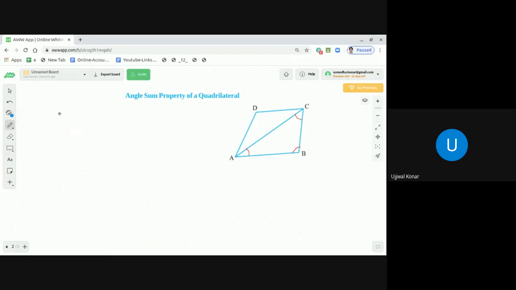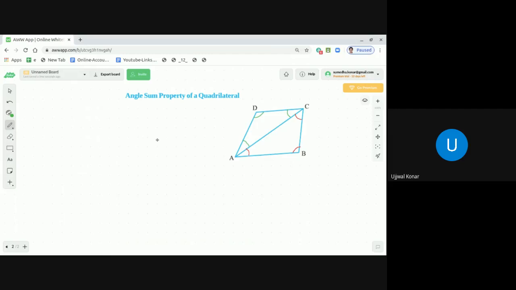Now if I take a different color, suppose a green color, then this angle plus this angle plus this angle is 180, because we know that from the angle sum property of a triangle. Now you add up all this, then what we get? The angle sum of a quadrilateral is 180 plus 180, that is 360. Correct or not?